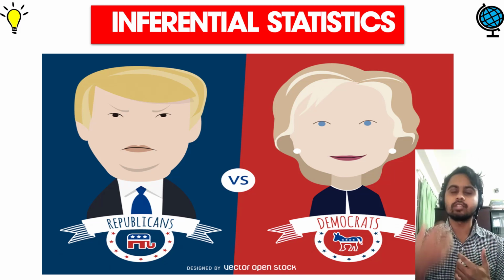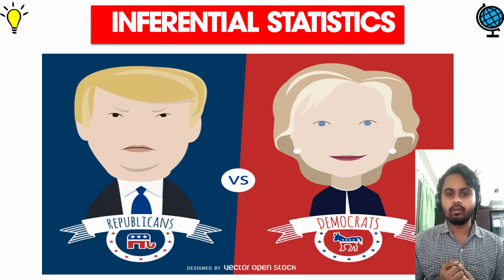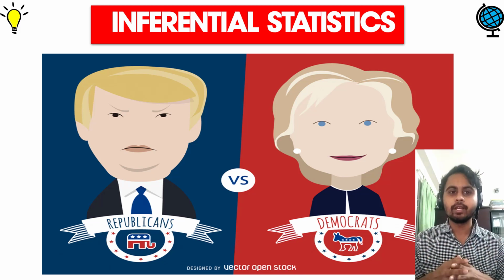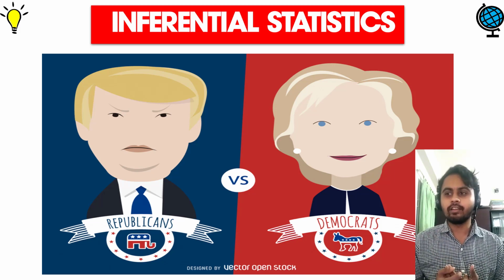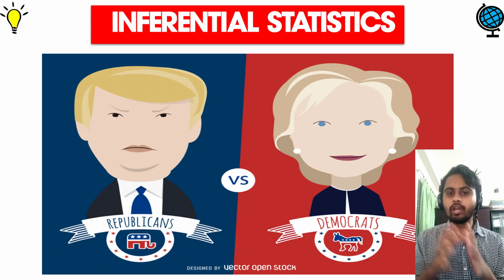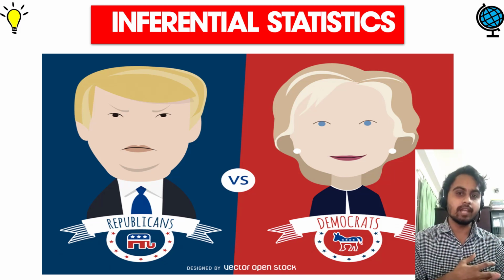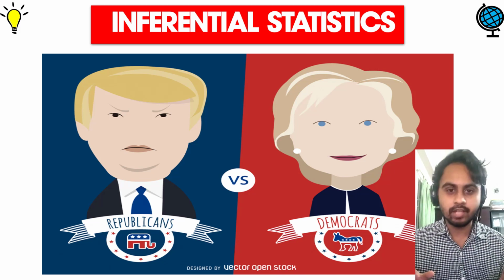Now, if I ask you who will win the next election? I know this is not Hillary, but I just posted this picture to explain. Now, if you say there is a 90% chance, or maybe a 60% chance, that this party will win, you're making a prediction by analyzing the data. This is inferential statistics, not descriptive statistics.